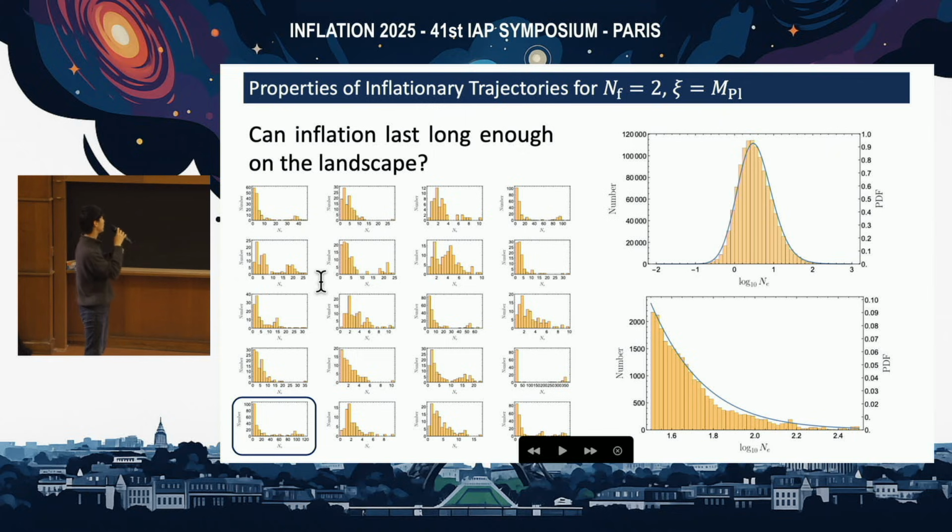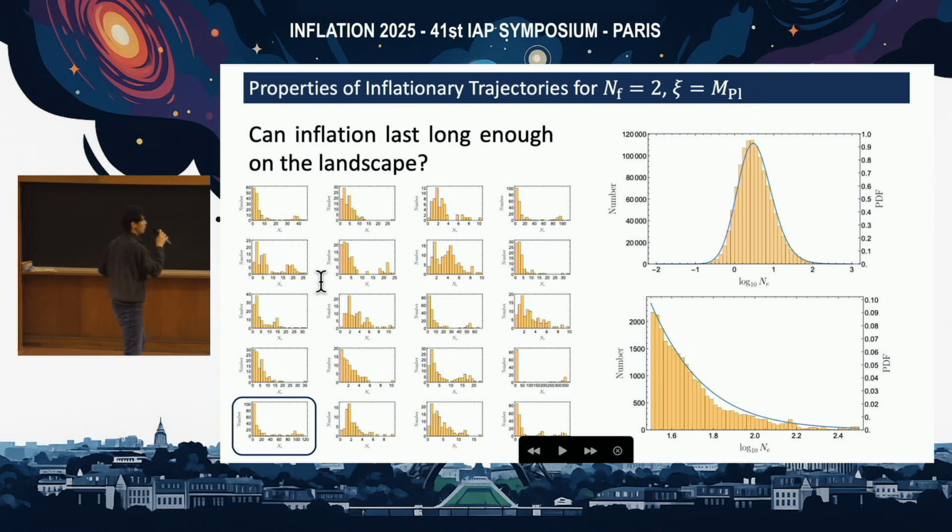To get a feeling for the answer, I show here several distributions of e-fold numbers of trajectories on several different realizations of the landscape. As you can see, in most of the realizations, they don't possess a trajectory with a long enough e-fold number, but there are a few lucky ones, such as the one at the lower left.